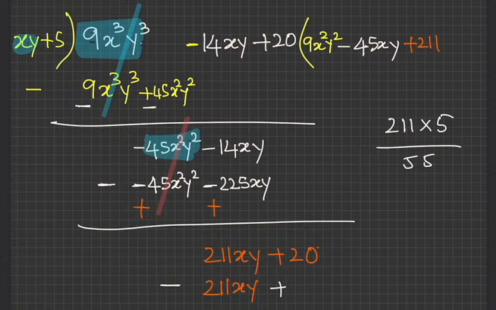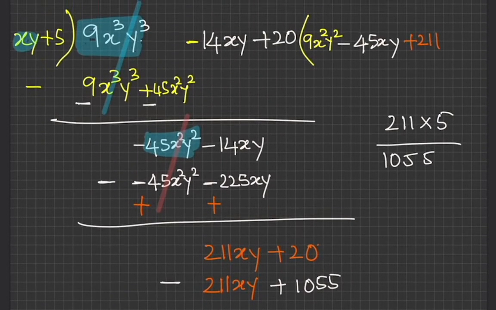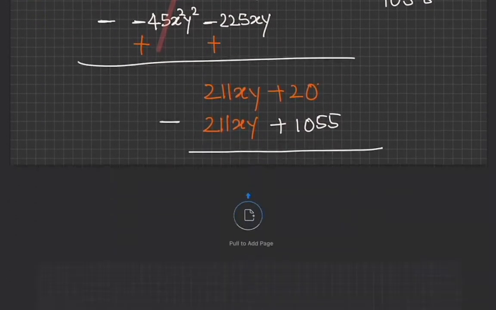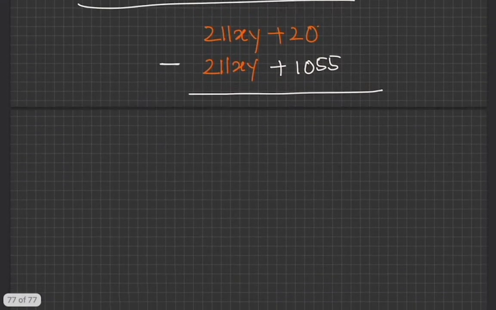It's 5, 5, and so 1055, that is 1055. So I'm going to change the sign, becomes negative, right? So these two cancel out. I'm left with basically negative 1035.